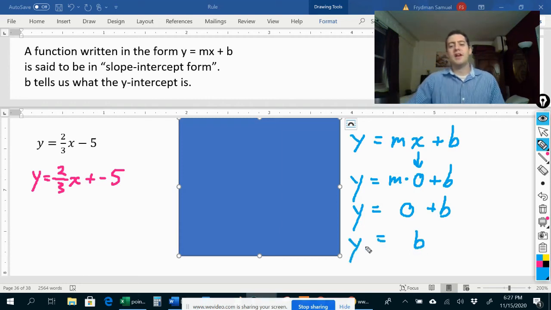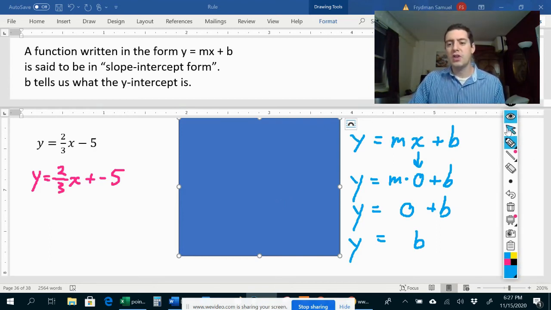So that tells me that if I see an equation which is in this form, then b must be where the y-intercept is, because that's what I get when I plug 0 in for x. That's the value that I get for y after plugging 0 in for x. So it's not just a coincidence that this number happens to be where the y-intercept is. There's a reason for that.